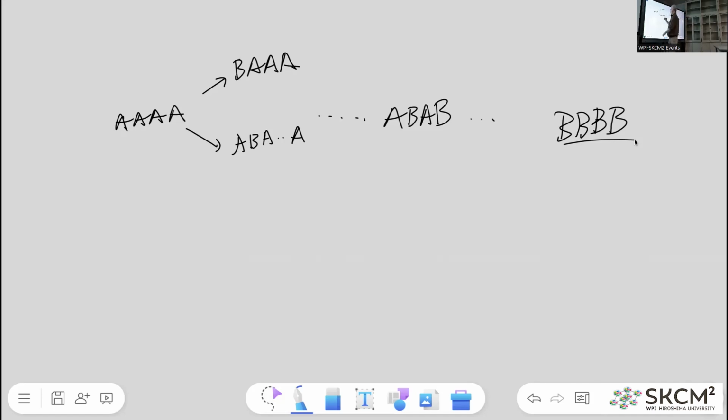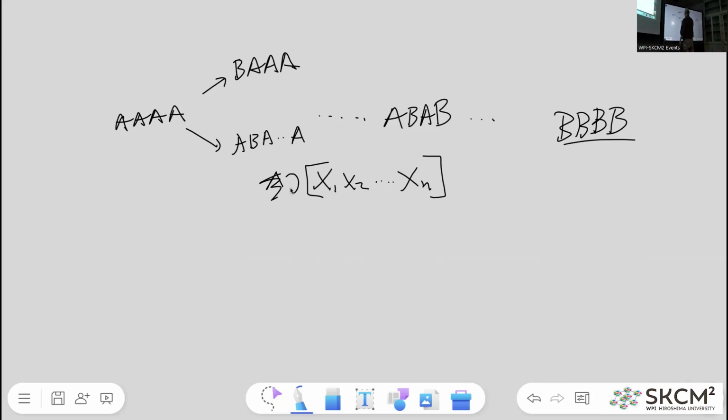And so you can think of an x1, x2 through xn gadget like this as representing one of these places here, and its boundary is going to be equal to some combination with certain signs.